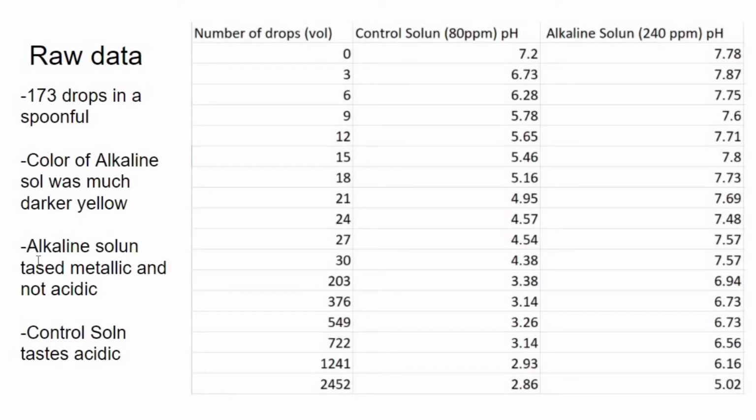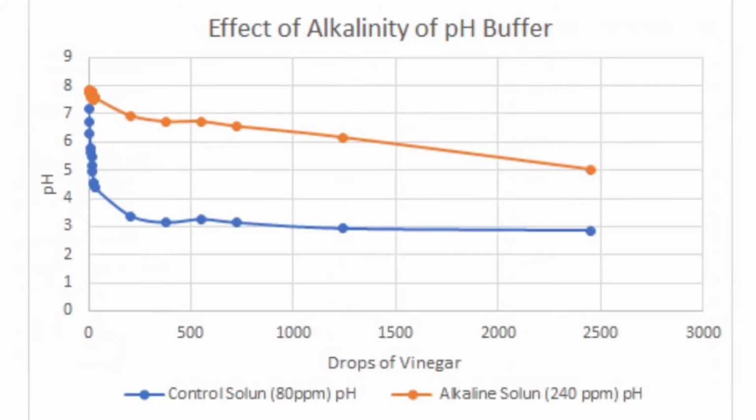And then the alkaline solution tasted and smelled a lot more metallic and not necessarily acidic. I didn't drink the alkaline solution, I just tasted it. All of the things that I was using were food safe. They were things that I had in my kitchen already. And the control solution tasted acidic. It just tasted like basic lemon water. So yeah, it was metallic and acidic.